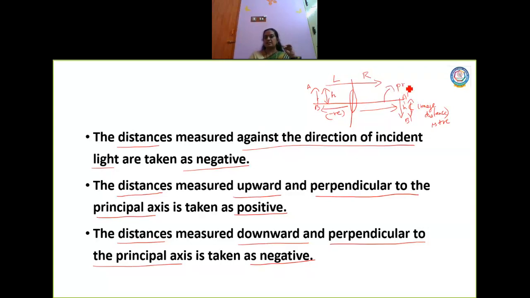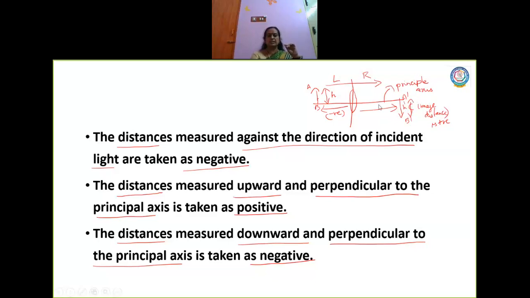This line is called the principal axis. Any value measured above the principal axis is taken as positive. Any value measured below the principal axis is taken as negative. Here H dash is negative. Why is it negative? This height is below the principal axis. So this height of the image is taken to be negative.